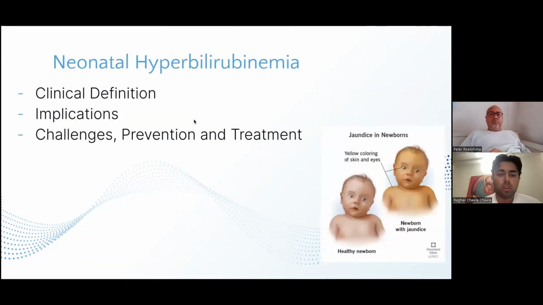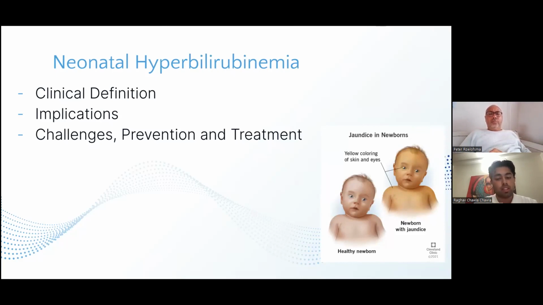So then we have neonatal hyperbilirubinemia, which is also known as jaundice, and this is a condition where a neonate develops abnormally high levels of bilirubin in the blood plasma. Bilirubin is a product of the breakdown of heme, and heme is, for example, a compound in the body which is attached to the blood, and it's a normal metabolic process, and it should be excreted from the body in an ideal situation.